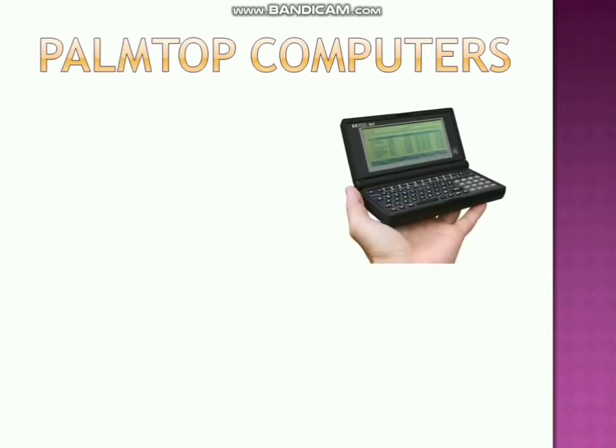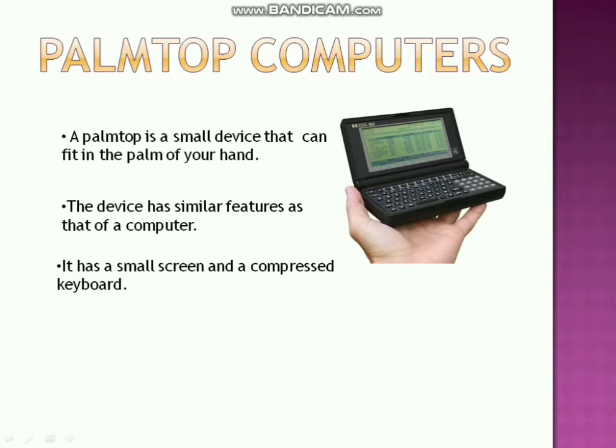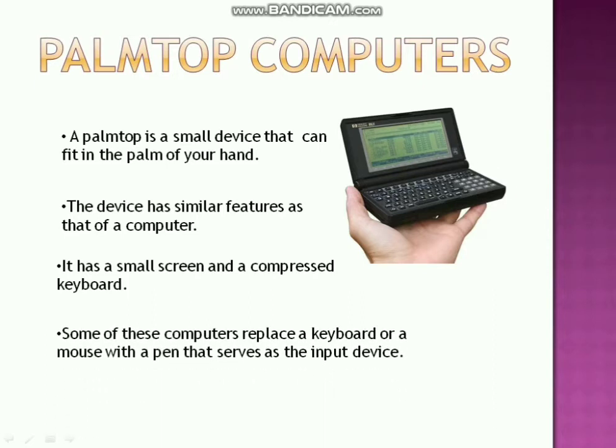Next one is the palm top computer. These computers are small in size and literally fit in the palm of your hand. This device has similar features as that of a computer. It has a small screen and a compressed keyboard. You can see in the picture. Some of these devices will have a keyboard as an input device. Some of these computers will not have a keyboard.